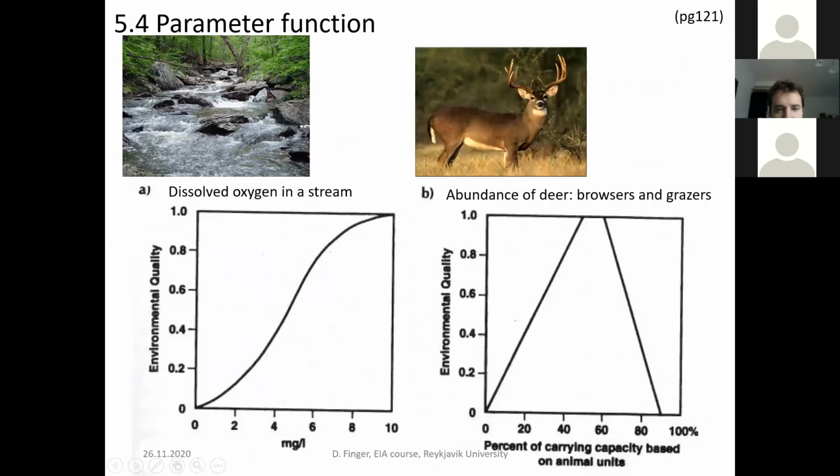Parameter functions. It's not always a black-and-white or determined factor how the environmental impact is. Two examples I want to give here: first, dissolved oxygen in a stream. This is especially interesting, for example, if you were to build a hydropower plant.